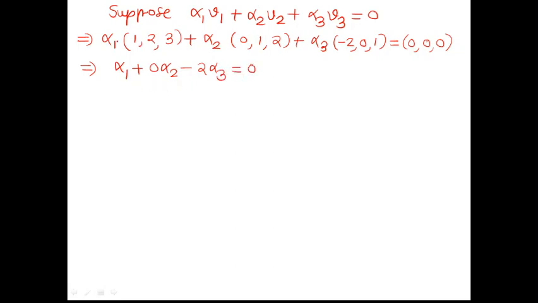Next, to get the second equation, we multiply with the second components: 2 alpha 1 plus alpha 2 plus 0 alpha 3 equal to 0. Similarly, we get the third equation as 3 alpha 1 plus 2 alpha 2 plus alpha 3 equal to 0.